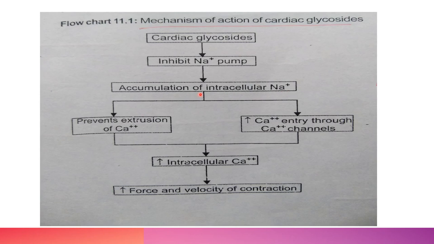Because of this accumulation, on one side it prevents extrusion of calcium, and on the other side there is increased calcium entry through calcium channels. Because of both of these causes, it leads to increased intracellular calcium, and that will increase the force and velocity of contraction. Calcium is a very important component in increasing the force and velocity of the heart.